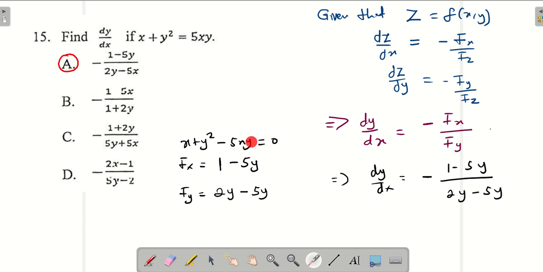So when you differentiate y, you are supposed to get 5x. Let me correct that part. Here it is supposed to be 5x, not 5y. 5x. Okay.